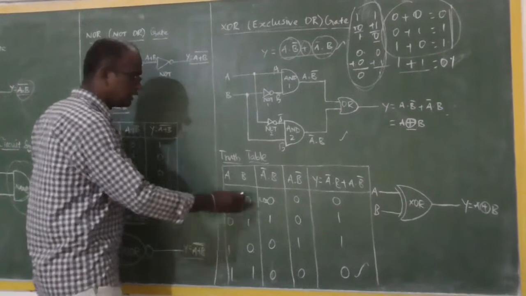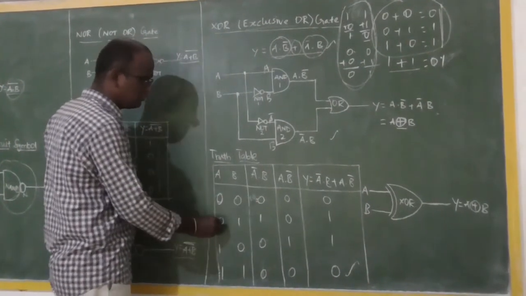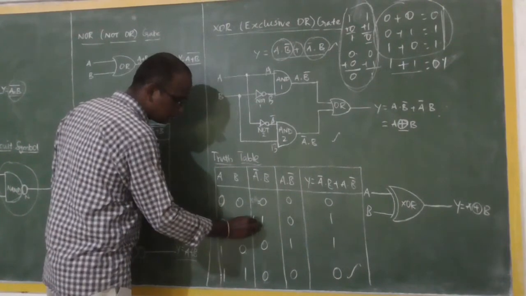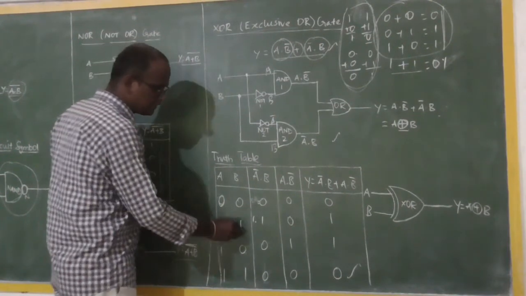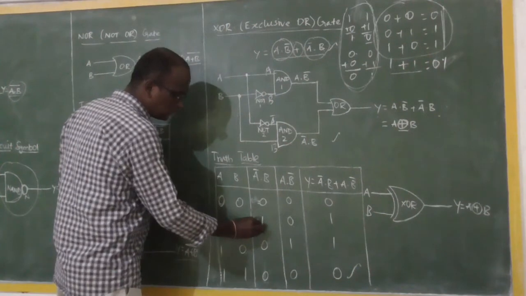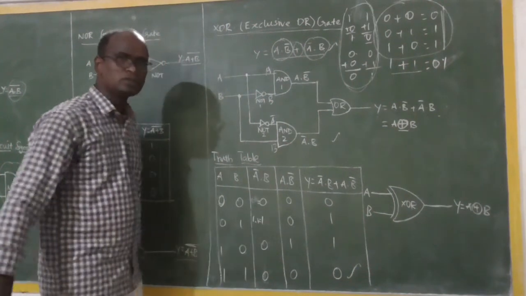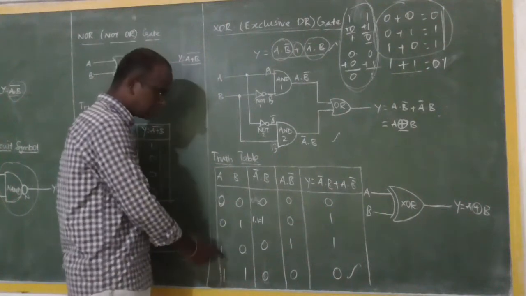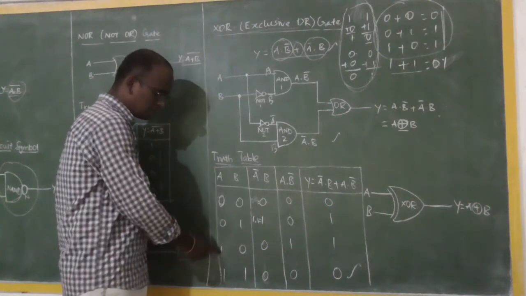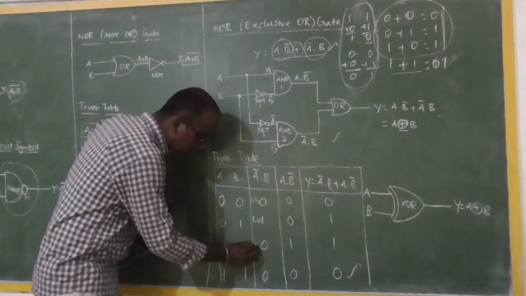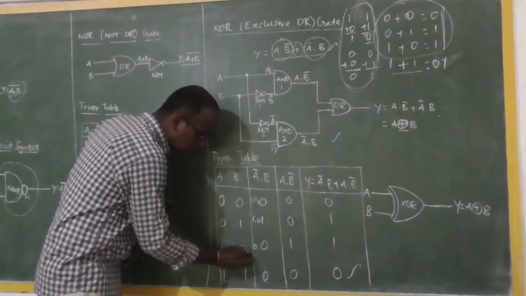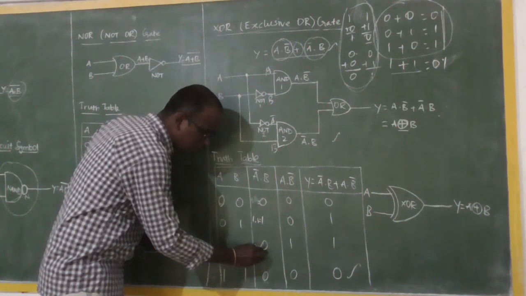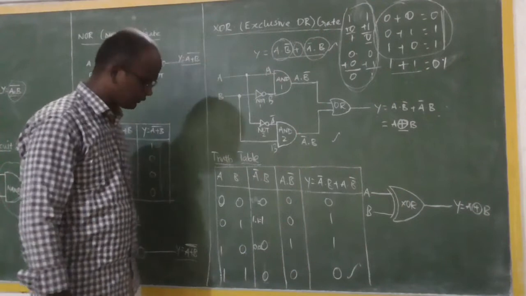Next, similarly, if we apply 0 for A, then A bar will become 1. Next, B is directly applied, so it is 1. So 1 dot 1 is equal to 1. Next, for the next condition, A is applied as 1, so A bar is 0, and the direct B is 0, so it produces 0.